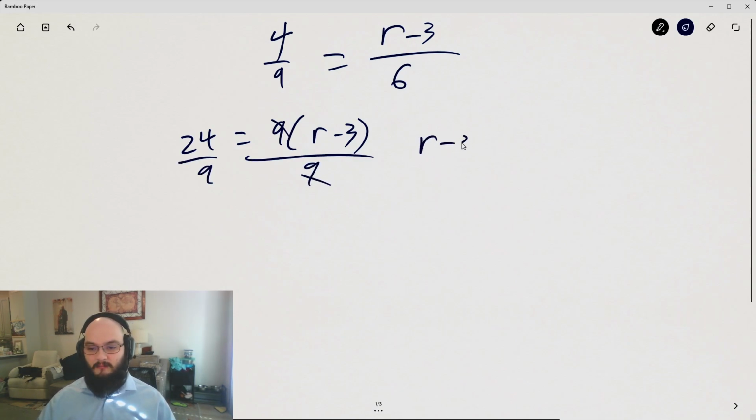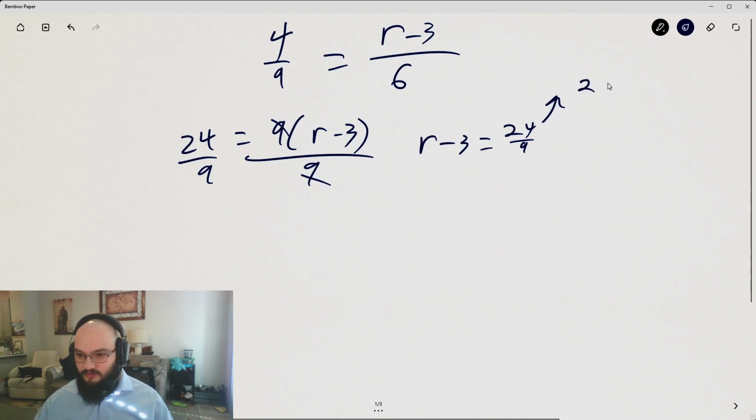We have r minus 3 is equal to 24 over 9, which, by the way, is going to be equal to 2 and 6/9, which is the same thing as 2 and 2/3.